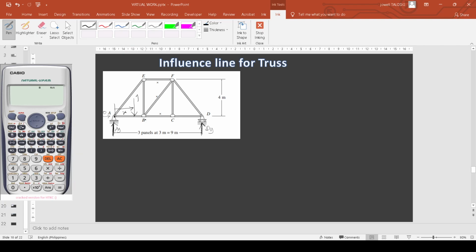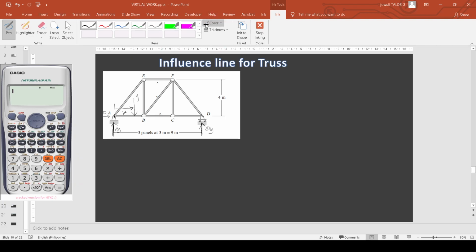So the movement is from this A to D. The car will move here, right? Okay, so let's start.